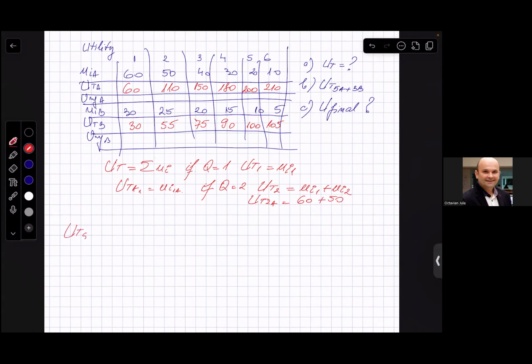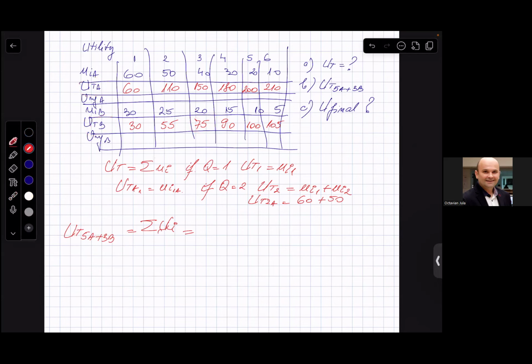Okay, this being total utility, let's find out what is the total utility of 5 units from A plus 3 units of B. Once again, regardless of how many products we have, the total utility is the sum of individual utilities. In this case, we check the total utility for 5 units of A and the total utility for 3 units of B. So basically, either we add one by one individual utilities or we use these total utilities.